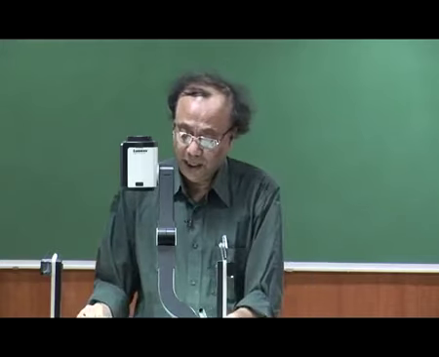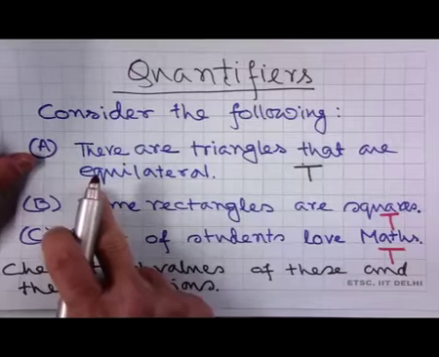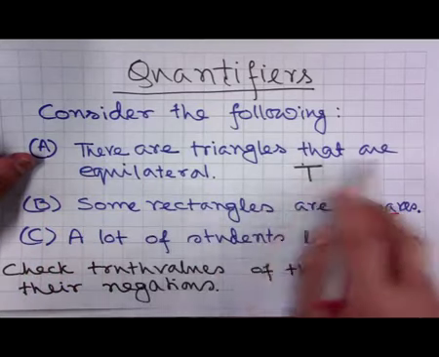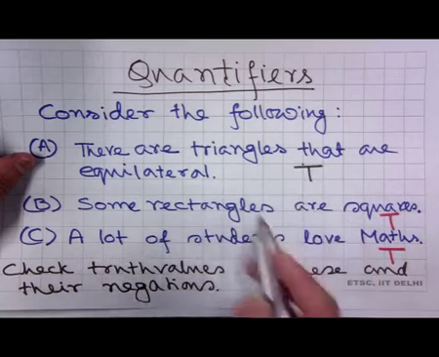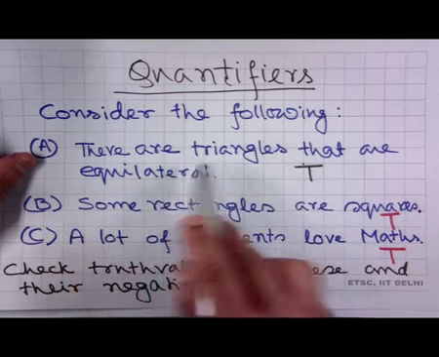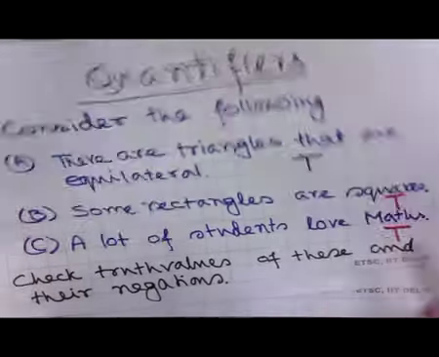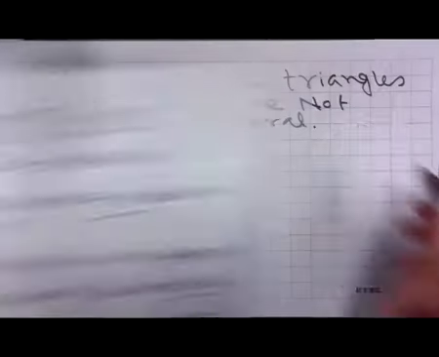So, on one hand, the statement there are triangles that are equilateral is true, and if I interpret its negation as there are triangles that are not equilateral, then that is also going to be true.